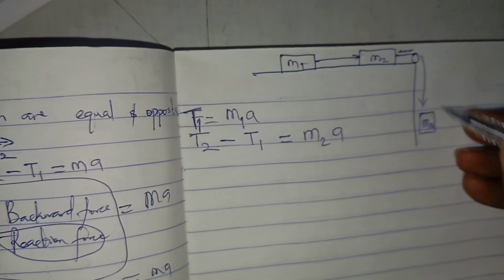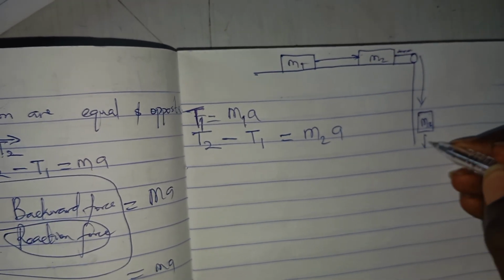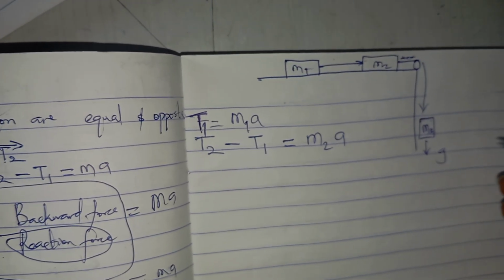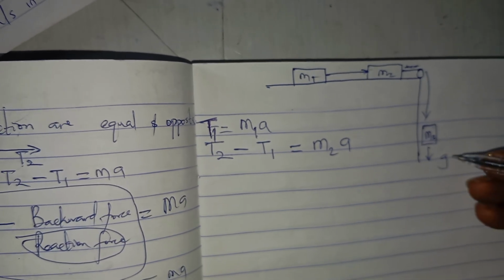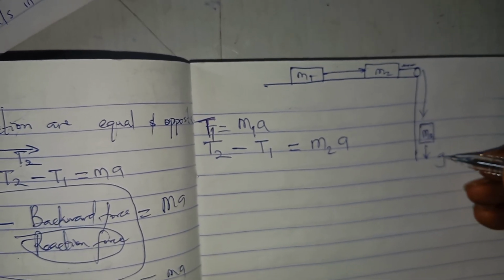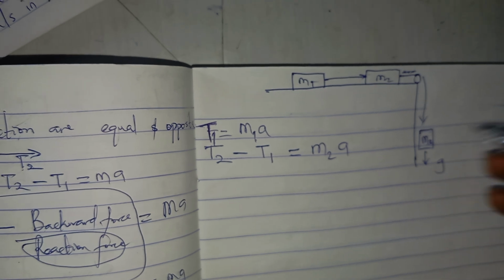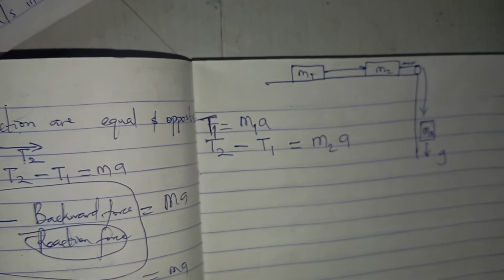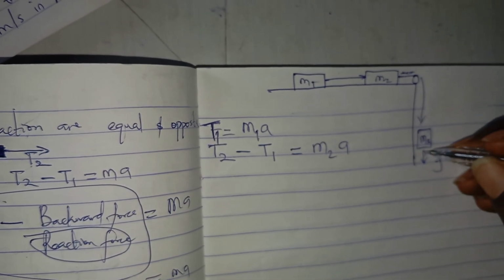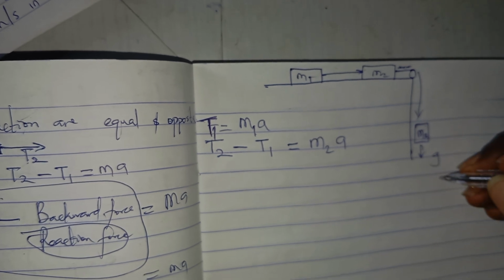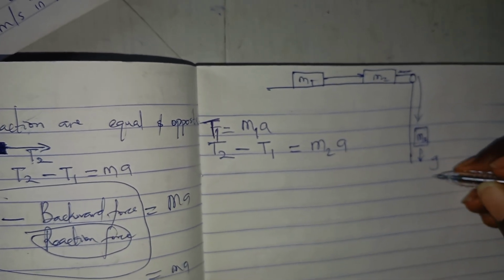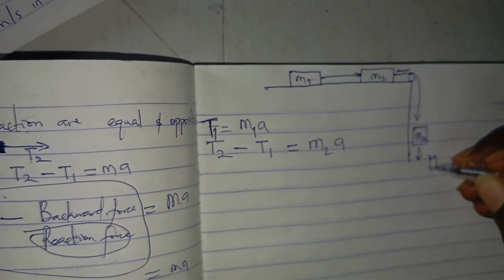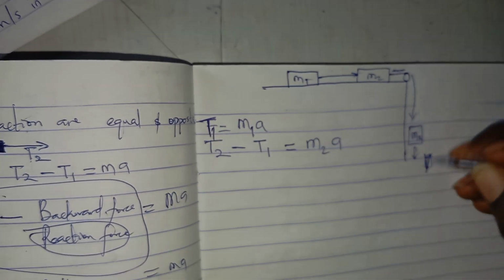Now the force acting on this one going forward is gravity, or you say weight. What is acting on it forward here is weight, which I can choose to write as mg.